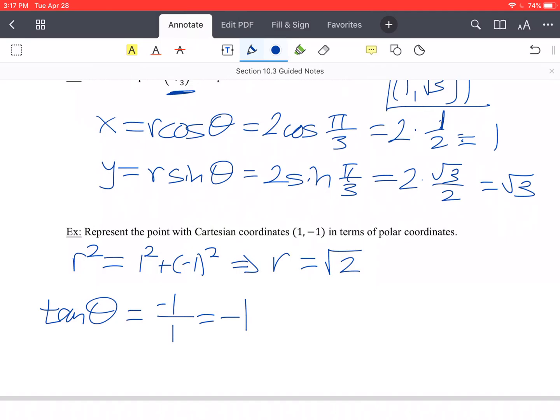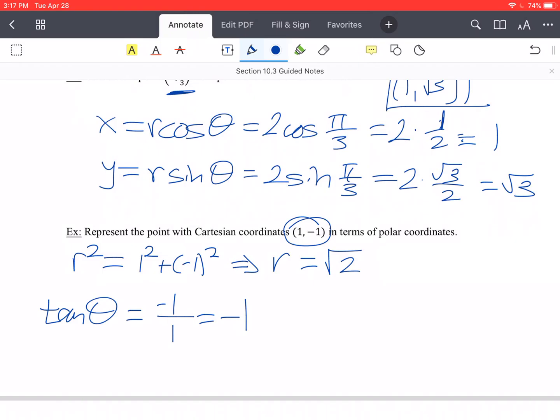Now, the trick with some of these problems, especially when solving for theta using tangent, is that tangent has multiple angles that produce a value of negative 1 on the interval from 0 to 2 pi. So we have to make sure we choose the correct one to get the right answer. So we need to notice where this point is in the graph, and that'll tell us which angle to choose.